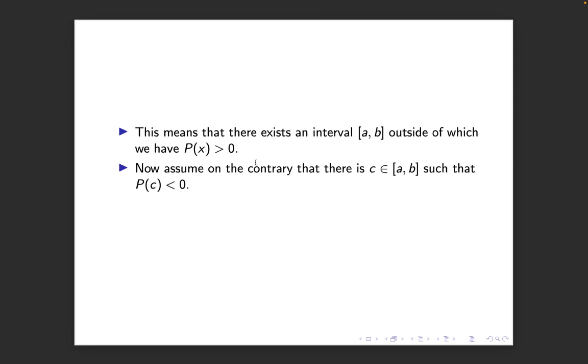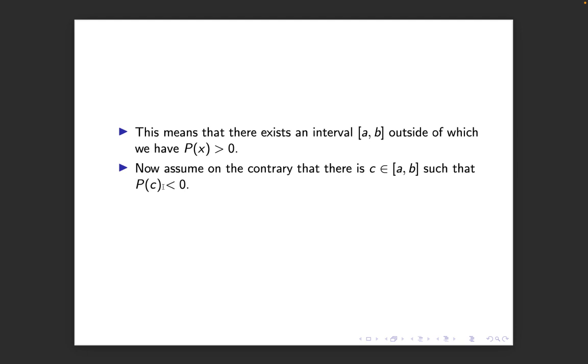All right, so now we assume on the contrary that p of x is not greater or equal than 0 for all reals. Then there has to be a point in this interval such that the value at that point is strictly less than 0. On the other hand, our polynomial has to have a local minimum.